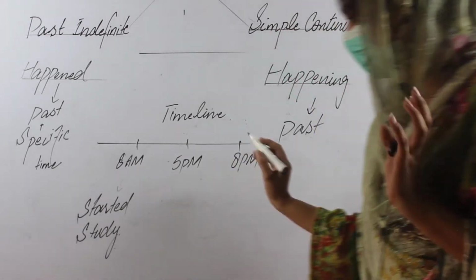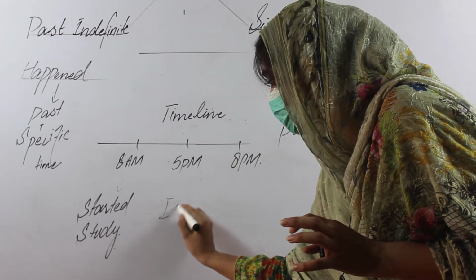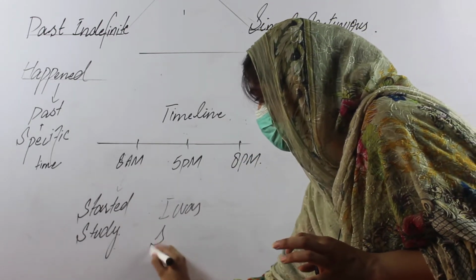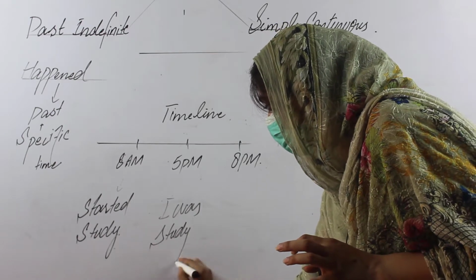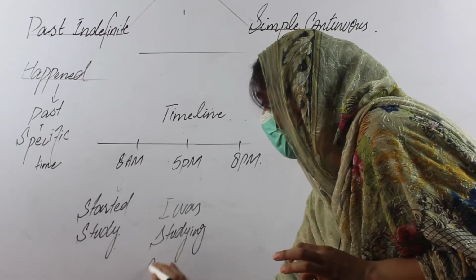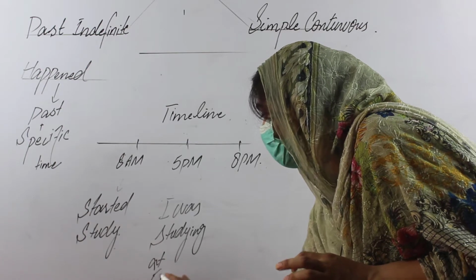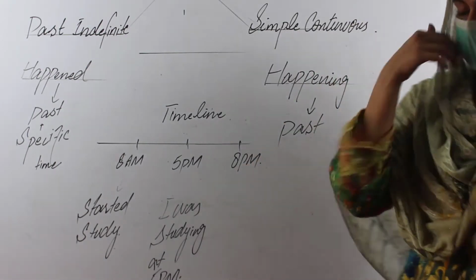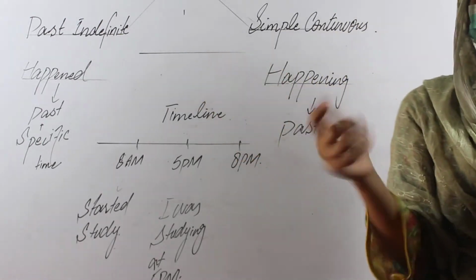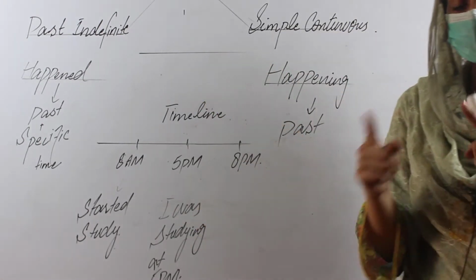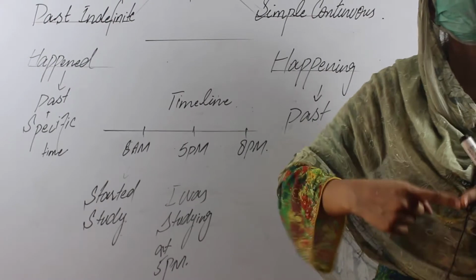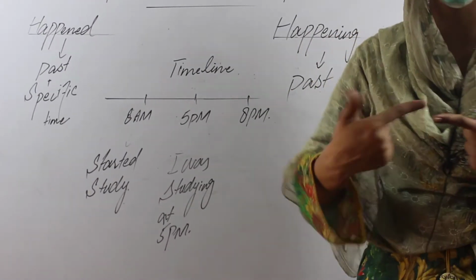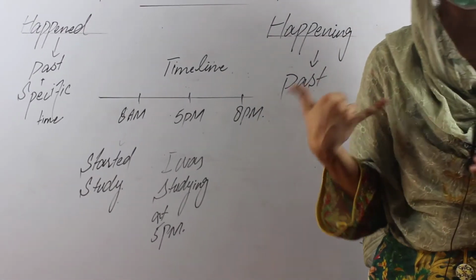But if I say that I was studying at 5 p.m., this is showing that I was studying in the 5 p.m., which means something was continually happening, but not right now, in the past.